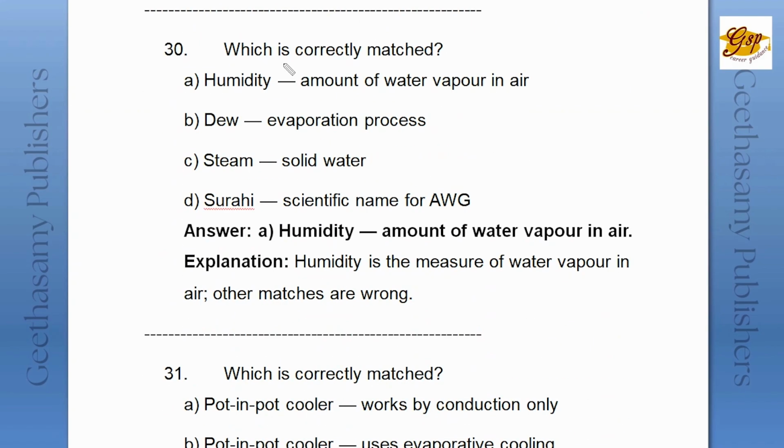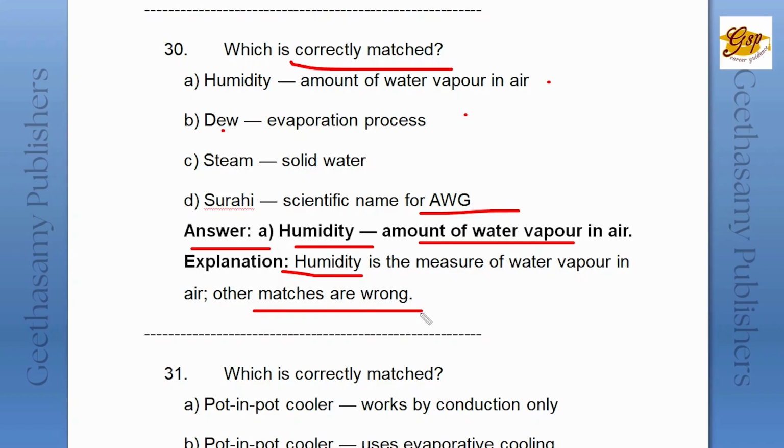And 30th question, which is correctly matched? Humidity, amount of water vapor in air. Dew, evaporation process. Steam, solid water. Surabhi, scientific name of AWG. The answer is humidity, the amount of water vapor in the air. The definition: humidity is the measure of water vapor in the air, and the other matchings are wrong.